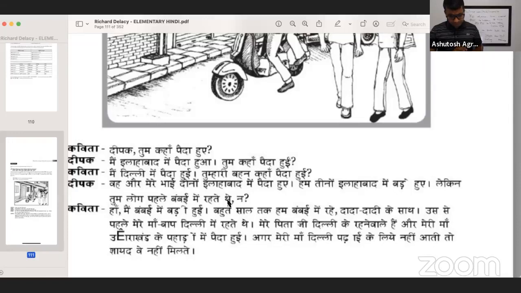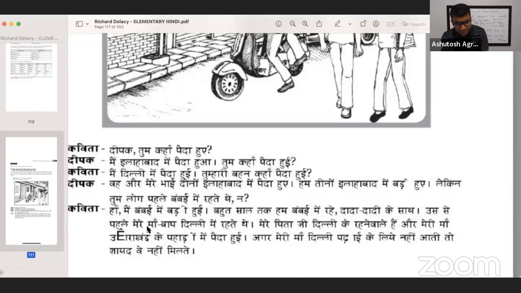उससे पहले मेरी माँ बाप दिल्ली में रहते थे. At first, my mom and dad lived in Delhi. Prior to that. उससे पहले.